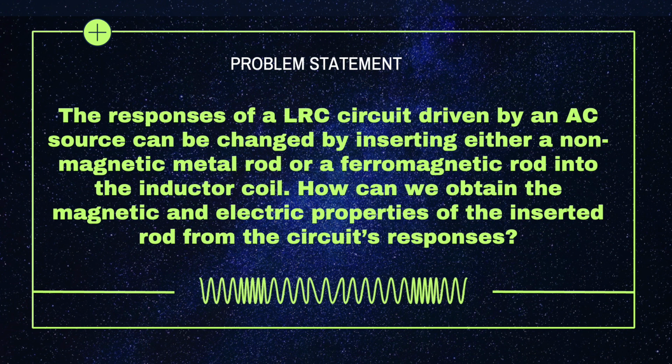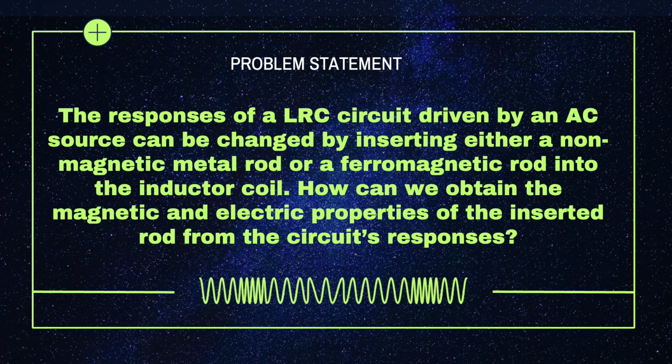Now, before we move on, let us firstly look at the problem statement for problem number 6 of INYPT 2024. The problem is, and I quote, "The responses of an LRC circuit driven by an AC source can be changed by inserting either a non-magnetic metal rod or a ferromagnetic rod into the inductor coil. How can we obtain the magnetic and electric properties of the inserted rod from the circuit's responses?"